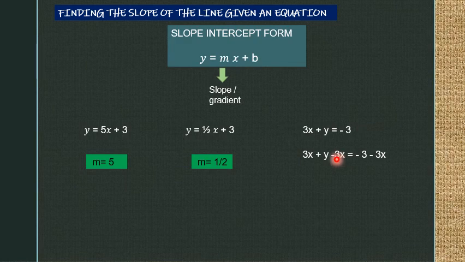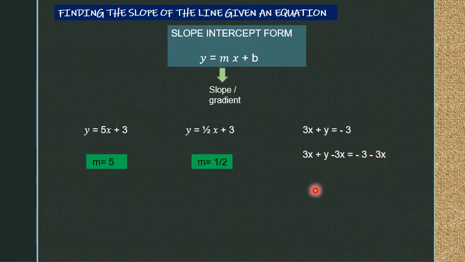Why subtraction? The opposite of 3x is negative 3x, and negative means subtraction. So that is the subtraction property of equality. Now 3x and negative 3x cancel out. Then we write the negative 3x on the right side.